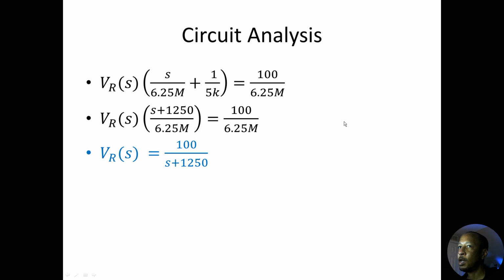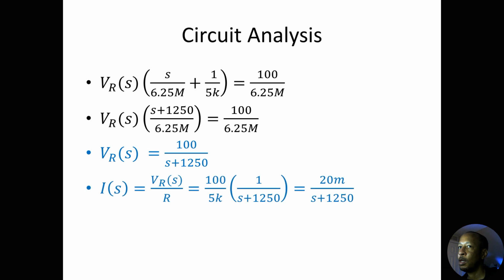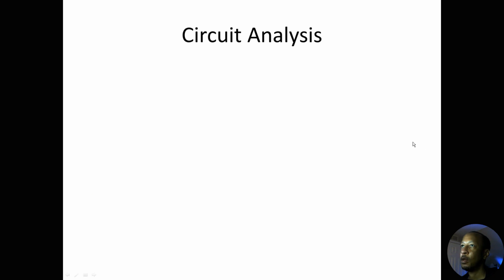Next we have VR of S equals 100 over (S plus 1250). Next we can get I of S from that: I of S equals VR of S divided by R equals 100 over 5K times 1 over (S plus 1250), which equals 20 milli over (S plus 1250).